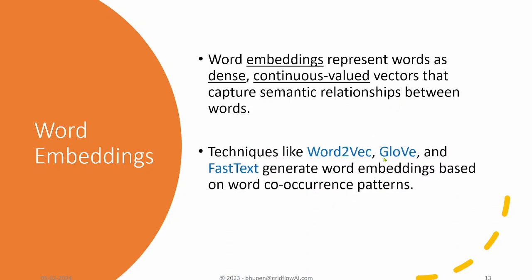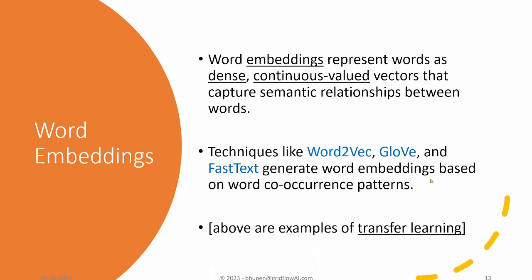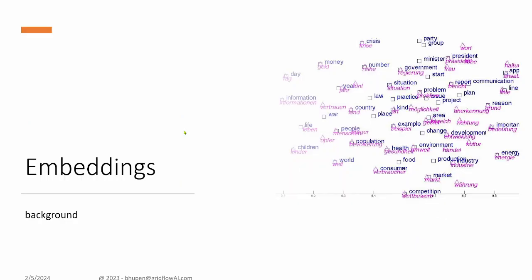Techniques like Word2Vec, GloVe and FastText were very popular when they were introduced in 2014, and they allowed quite a bit of success in terms of NLP applications. So these are also examples of transfer learning.